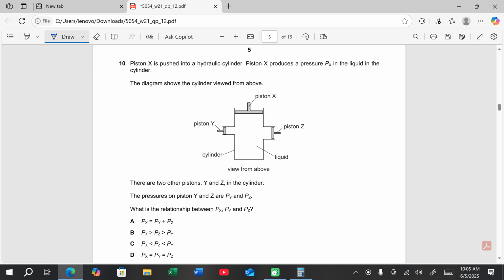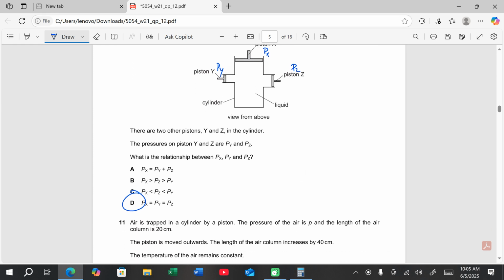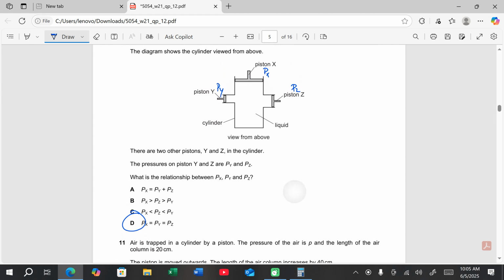You need to remember, in a hydraulic system, every piston has the same pressure. So Px is equal to Pz is equal to Py. It is the force that is going to vary when you change the area. Pressure remains the same.